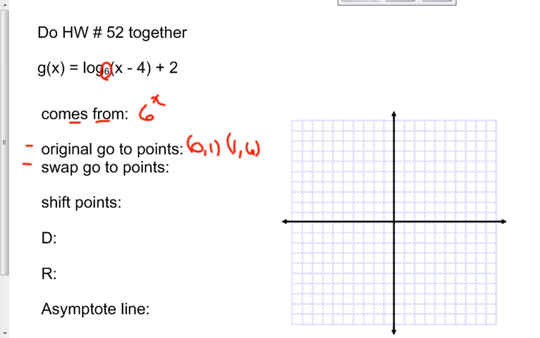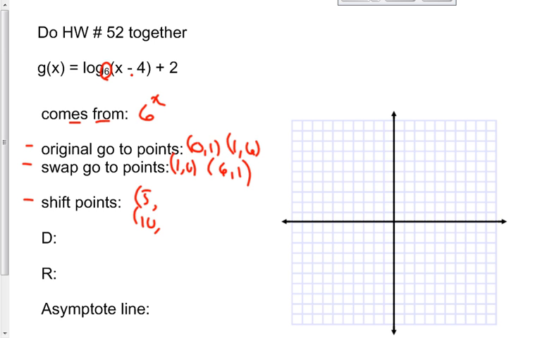Now swap your go-to points. (1, 0), (6, 1). Now we shift those points. We've got inside, we've got x minus 4. That means we're going to add 4. 1 plus 4, 5. 6 plus 4, 10.